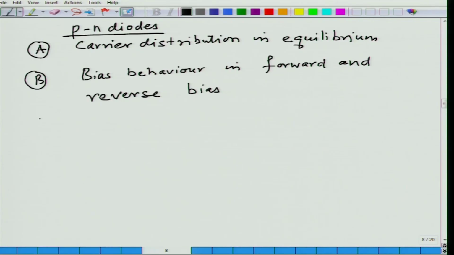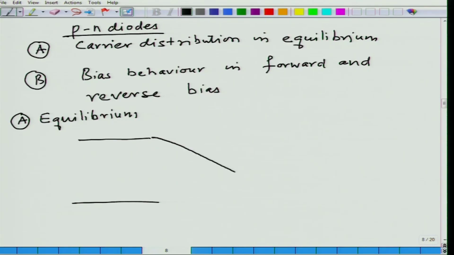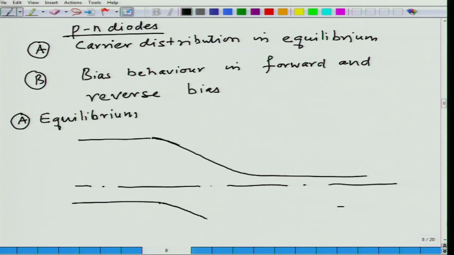So, up to now what do we have in equilibrium, what is happening? Part A, in equilibrium we have alignment of the Fermi level, and if I were to plot this in terms of a diode sign, then it looks like this in the electronic circuit, where my applied bias is 0.